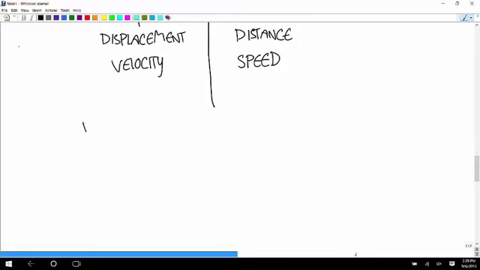So to talk about velocity, and this means that velocity is the one that we're going to care about.